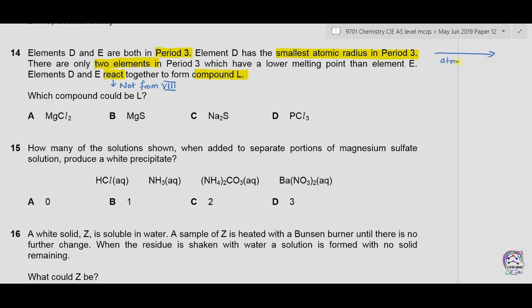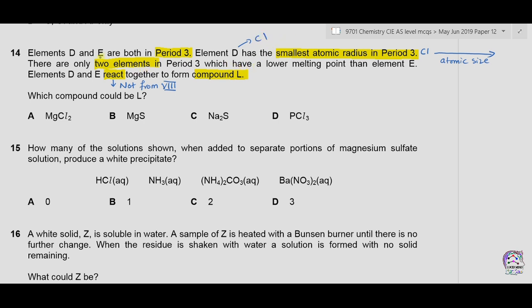Atomic size decreases. This is because of the increase in nuclear charge and the number of shells remains constant. So apart from group 8, we just have one element left, which is chlorine. So element D could be chlorine, because chlorine has the smallest atomic size in period 3. So D could be chlorine.